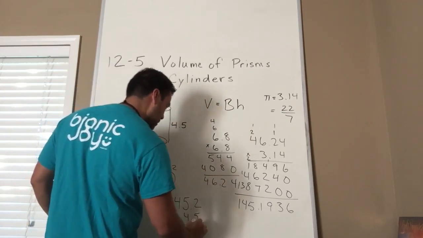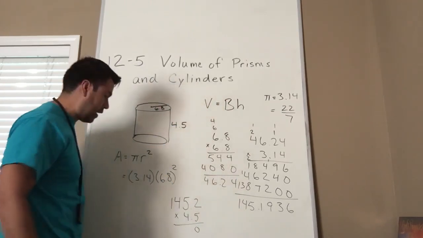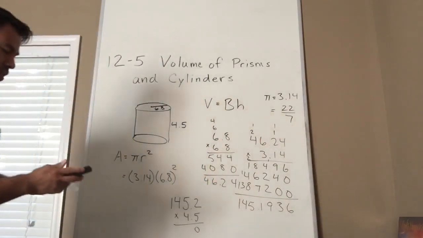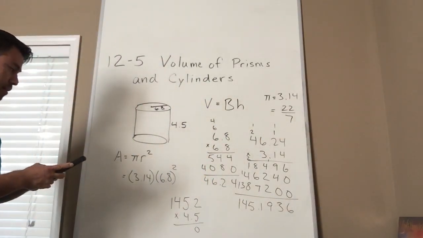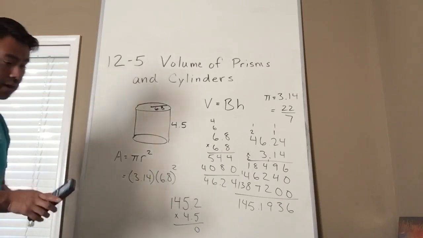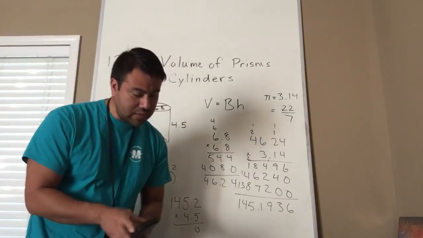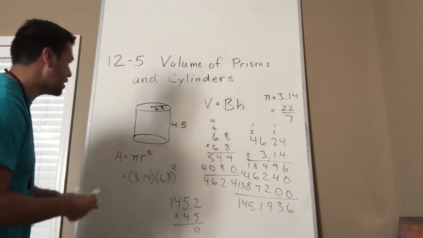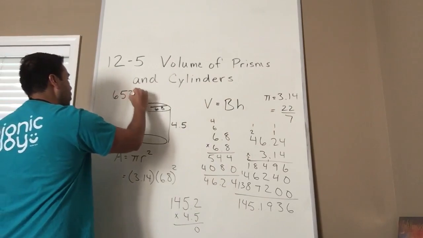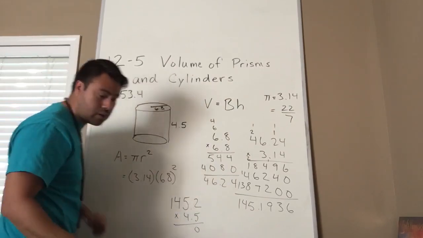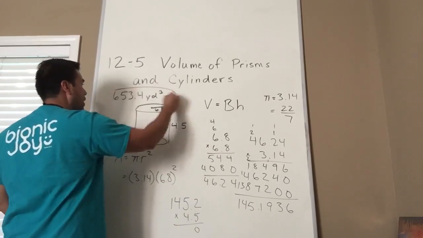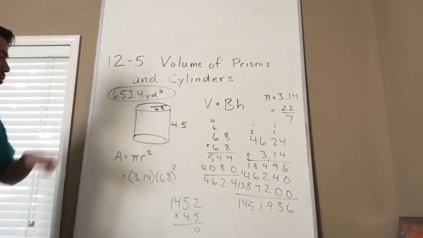I'm going to work it out on the calculator because my time is running out and I don't want to take out all your time. So 145.2 times 4.5 is 653.4, and we're talking cubic yards because we're talking about a volume for this cylinder right here.